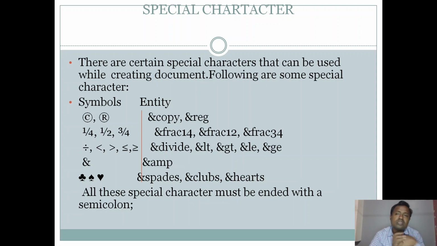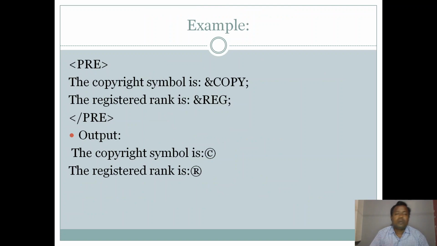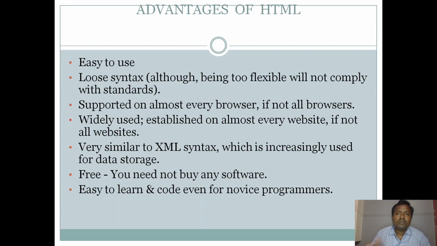Without these entities, actual data cannot be rendered in the web page. Here are some examples. Ampersand copy semicolon is replaced by that symbol. Similarly, ampersand reg semicolon is replaced by the encircled R.